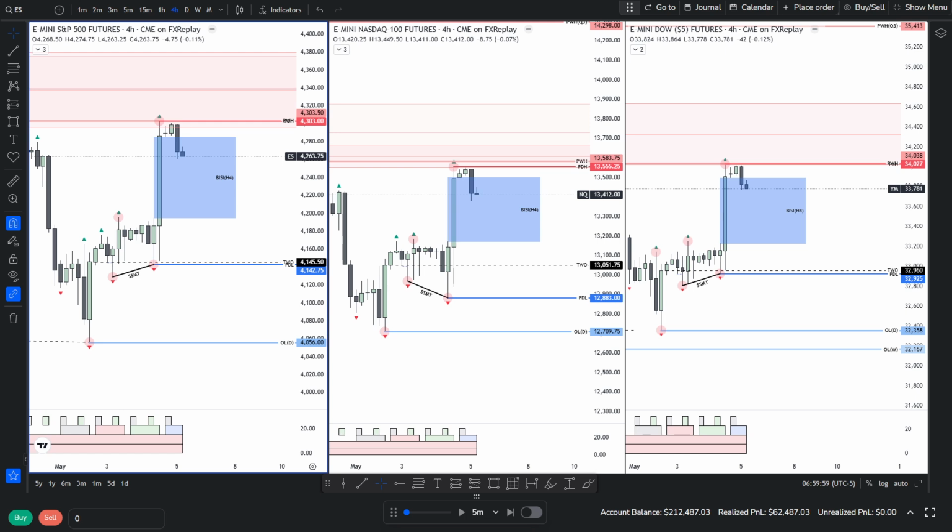They're formed either side. So if one is purged again, it could lead to a high probability trade idea. Okay.